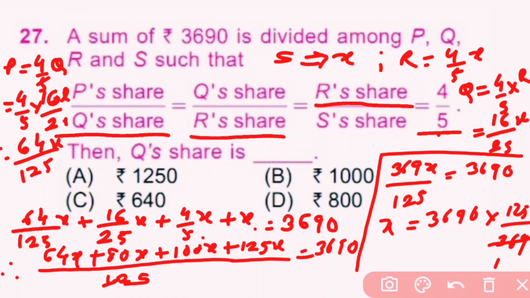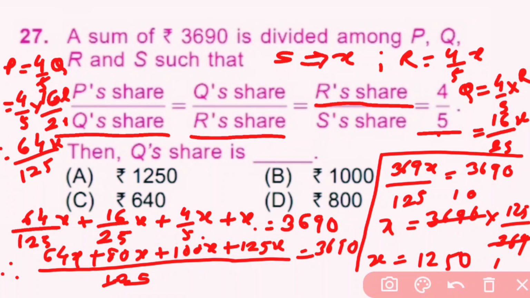Here 369 1s are 369 and 10s are 3690, and 10 into 125 is 1250. So x is 1250 and here we have to find out the Q share.